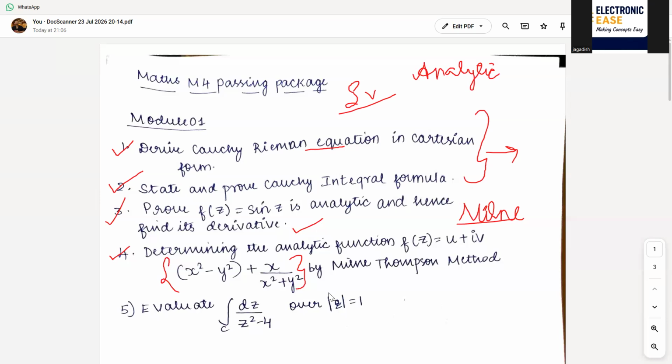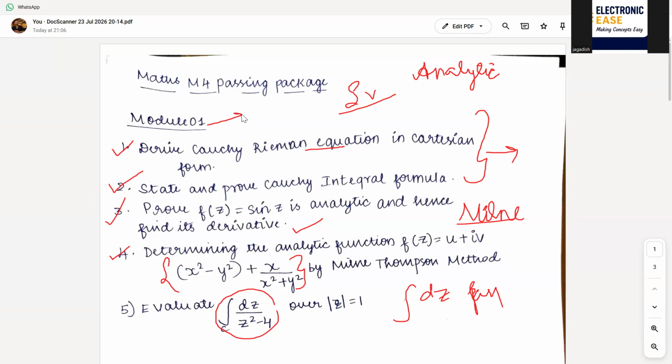Then they will be giving you an evaluate-the-integral part, that is the integration of dz divided by z square minus 4. In that, the partial fraction method and the completing the square method, everything you should know.